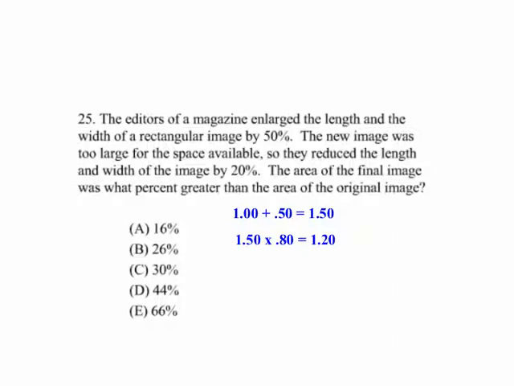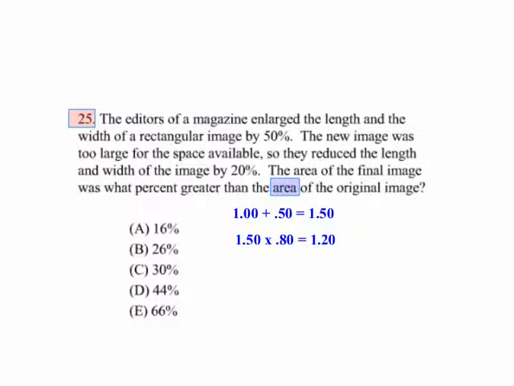Be very careful. This is question number 25, which means it's a difficult question. And there's got to be a twist to it. The twist is they want the area of the final image as what percent of the area of the original image. We've increased the length and width by 20%.